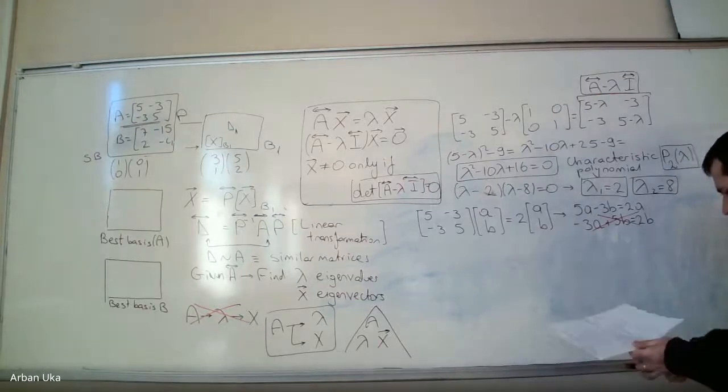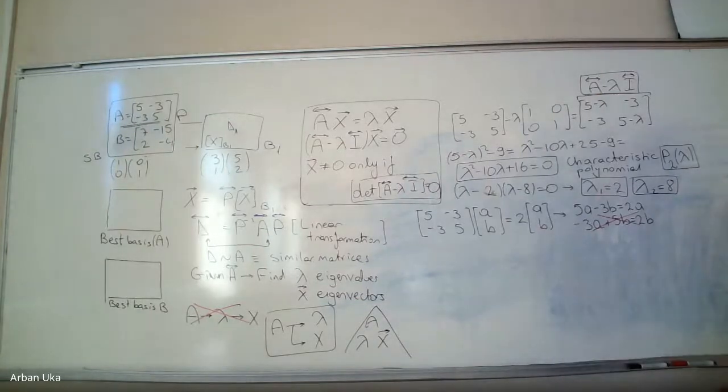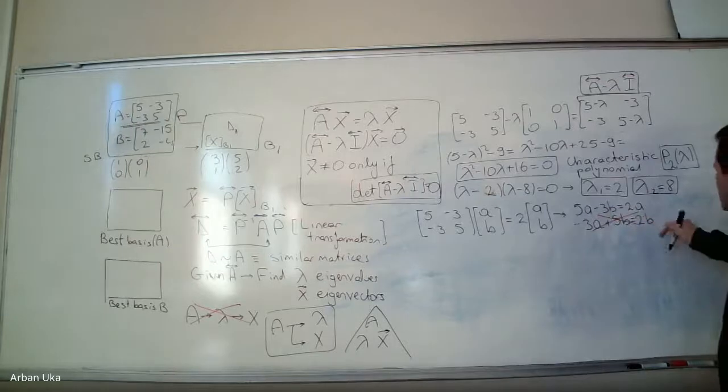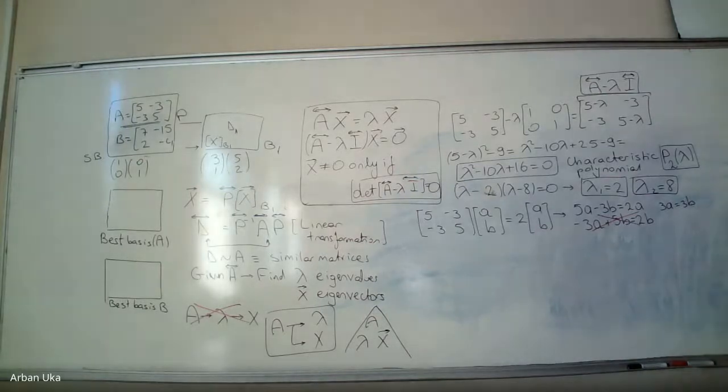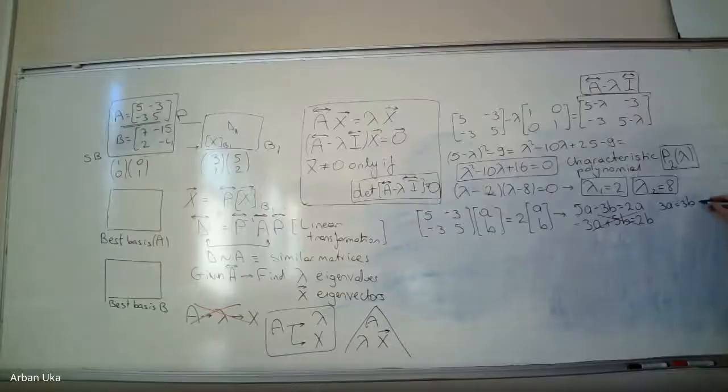That is true. So from here we get that 3a is equal to 3b, right? Yes, and we can say that we have an infinite number of solutions, but we should also consider the lambda 2 value.